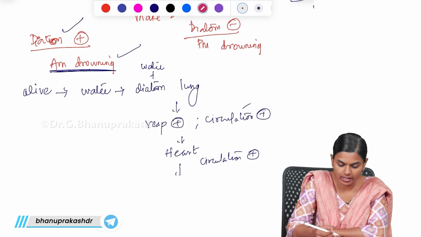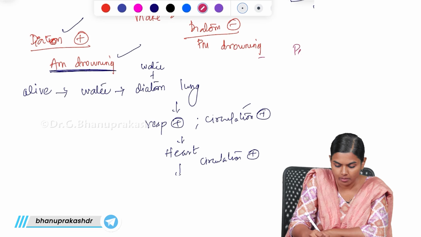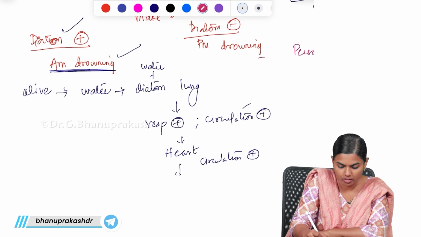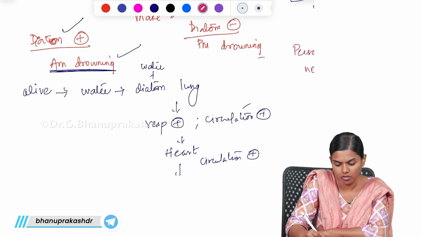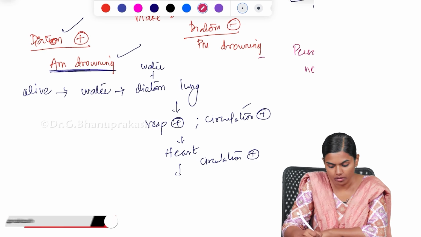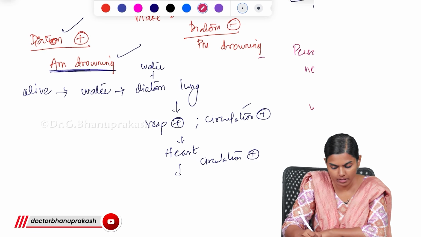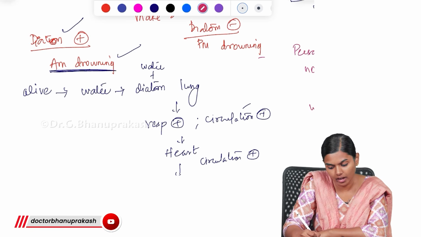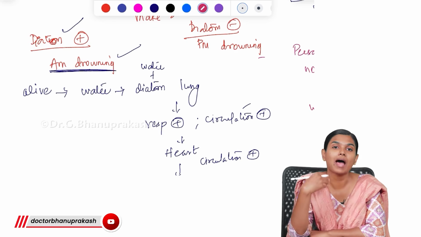So we will take another scenario where the person is dead, means no circulation or respiration, both will be absent. So now the water plus diatom will still enter the lung, because of passive diffusion.